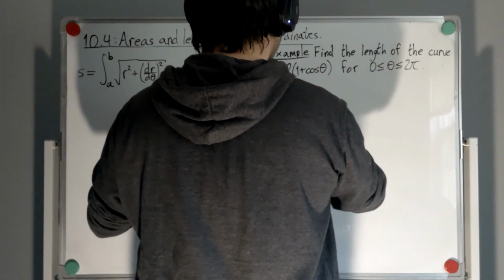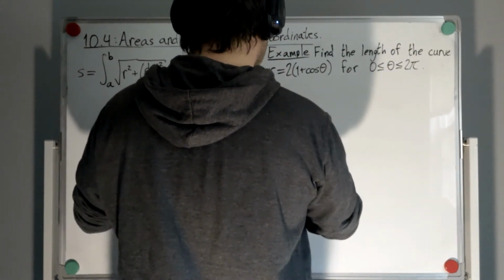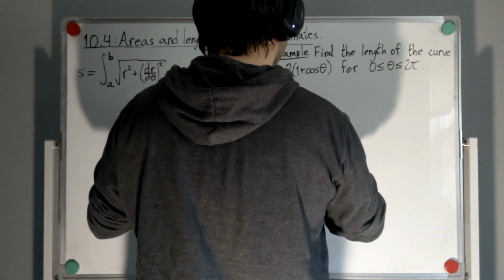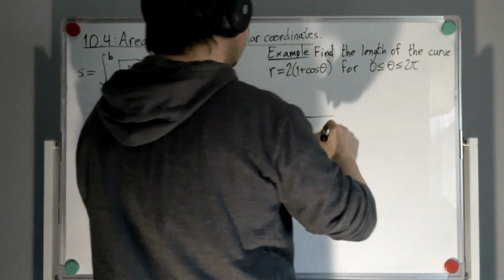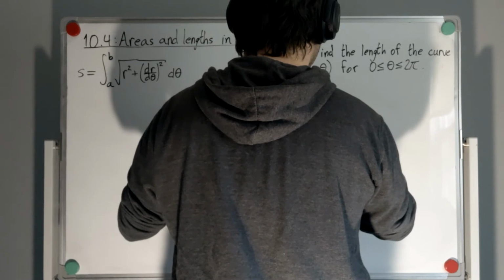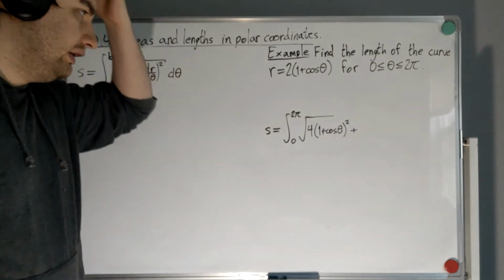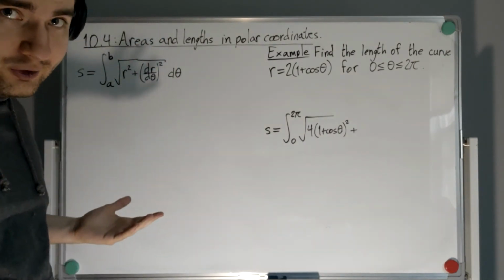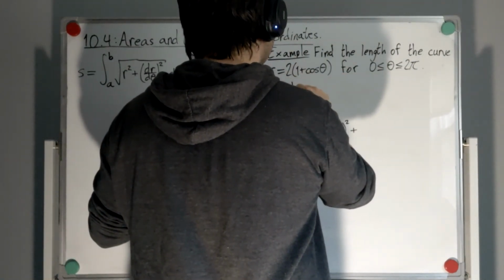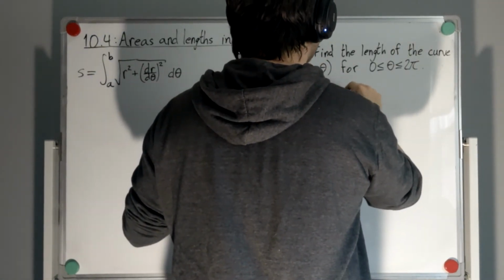The area is going to be, no, not the area, what am I doing? Arc length is going to be the integral from 0 to 2 pi of the square root of r squared, which in this case is going to be 4 times 1 plus cosine theta squared, plus, okay, then we need to square dr d theta, so of course we're going to need dr d theta, so let's see what that is. dr d theta is just going to be negative 2 cosine theta, right?